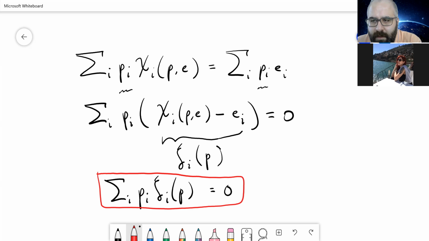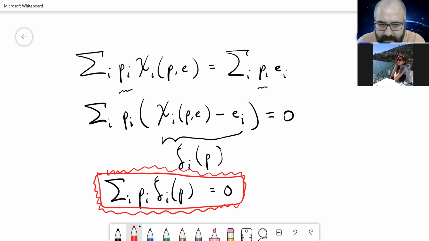Okay. Now be careful. For this result to occur, what did I assume? I just assumed that income equals expenditure, nothing else. And more specifically, I did not assume P is an equilibrium.